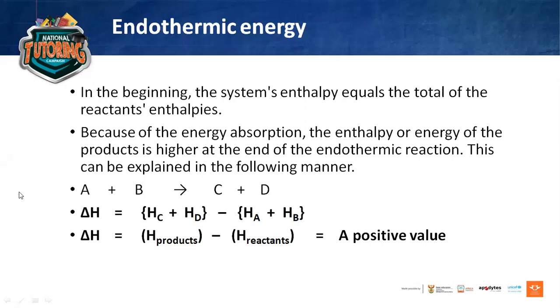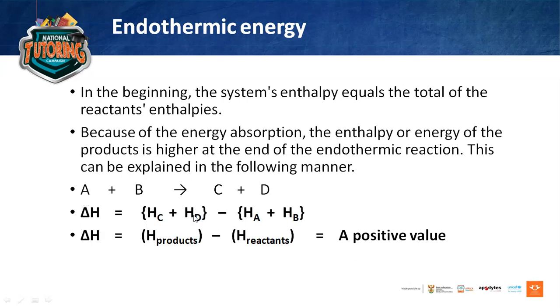So when we transfer it into the enthalpy part, we're going to say the change in enthalpy is going to be the products minus the reactants. The products in this case are our HC and our HD, and we're going to subtract from that our HA plus HB.